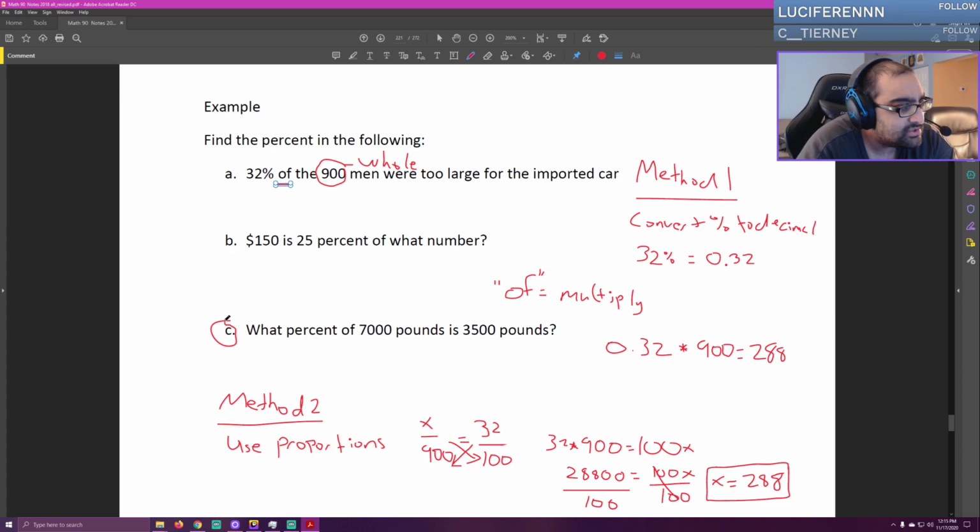All right, so what's the answer to C here? What percent of 7,000 pounds is 3,500 pounds?